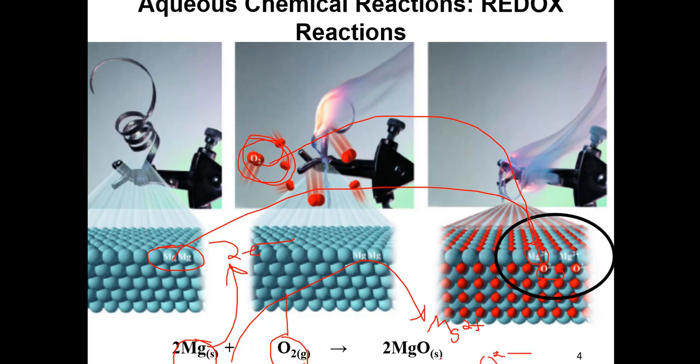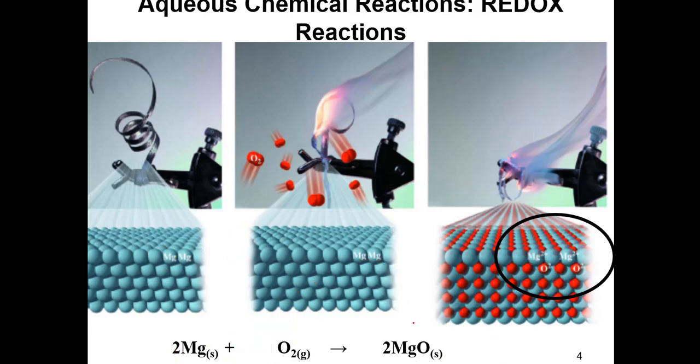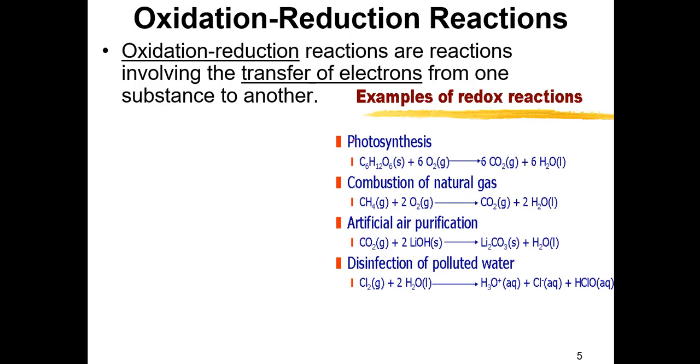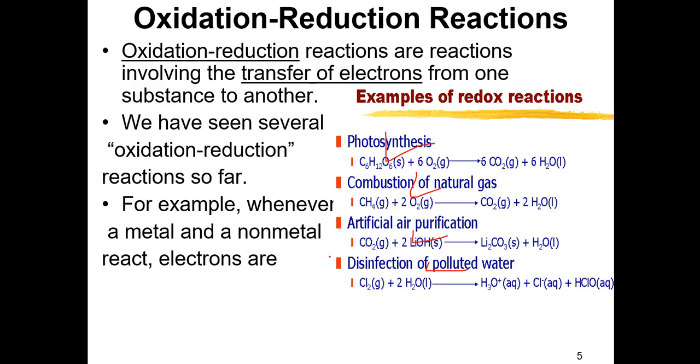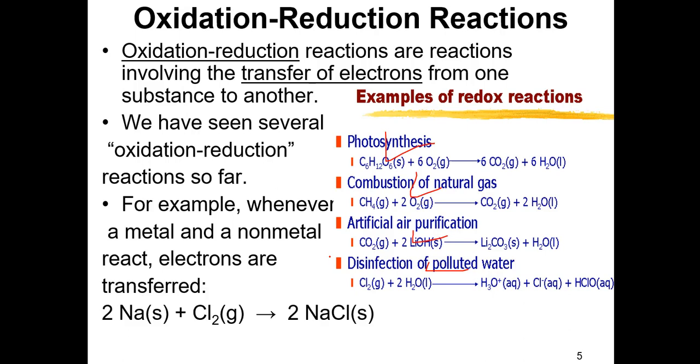So the magnesium underwent oxidation, the oxygen underwent reduction. A lot of natural processes involve redox reactions, the transfer of electrons, everything from photosynthesis to disinfectants.